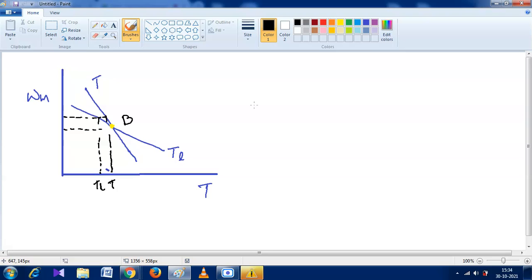Now tell me which one is greater? T is greater than TL. What will happen at that time? d omega/dt will be positive. So its speed will increase.